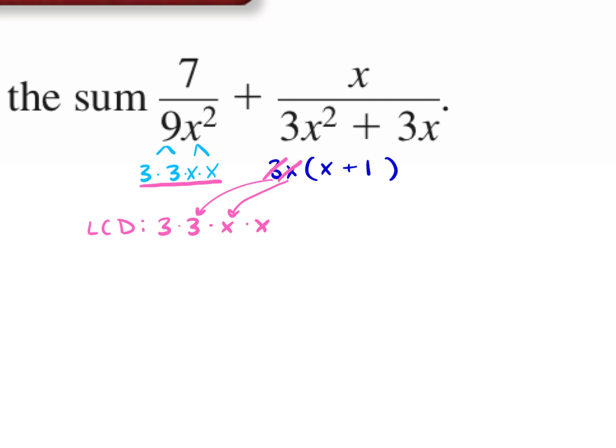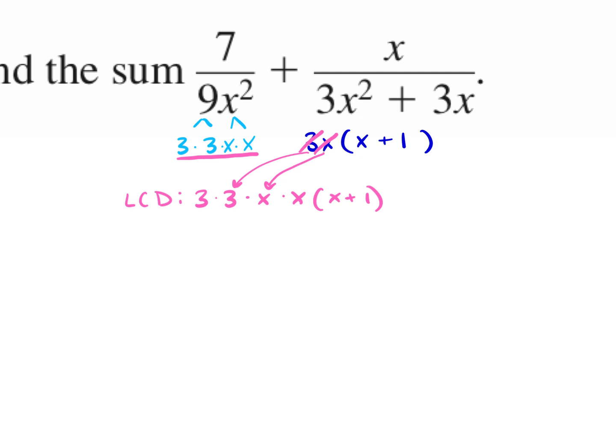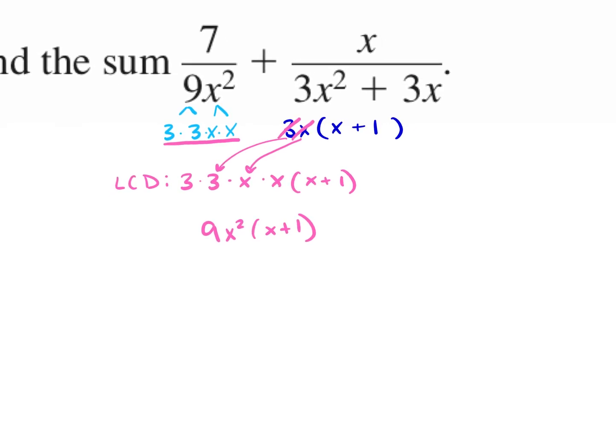So what else do I need to include in my least common multiple? x plus 1. So now I can multiply all this together, because this will give us our new denominator. So we have 9x squared times (x plus 1). So this is going to be our denominator.